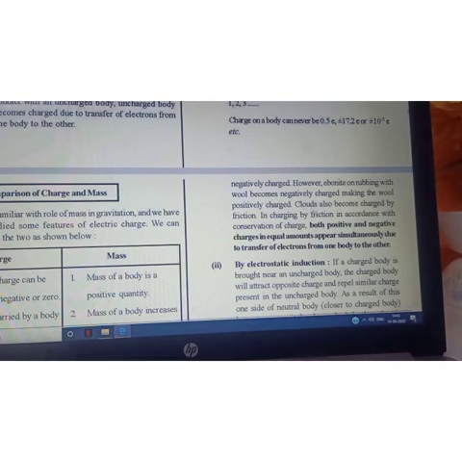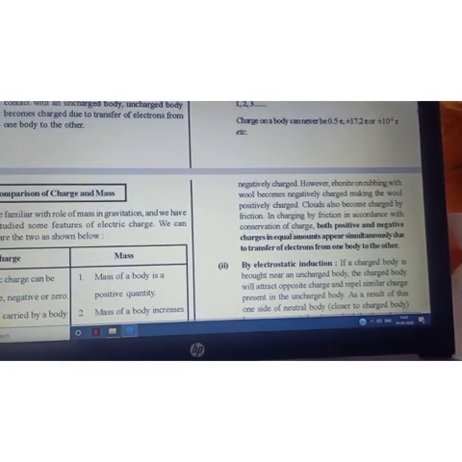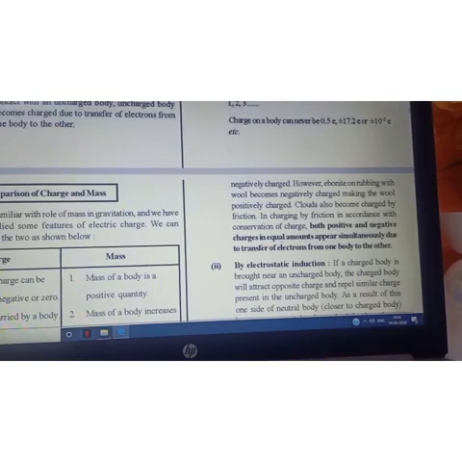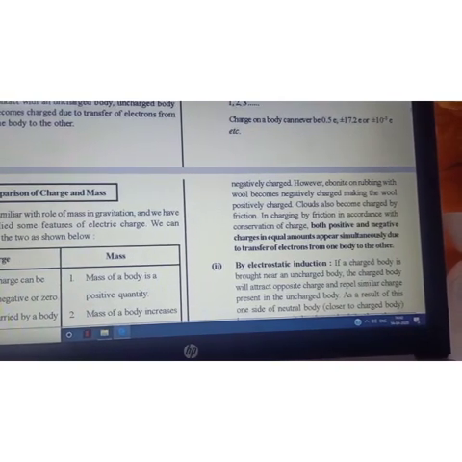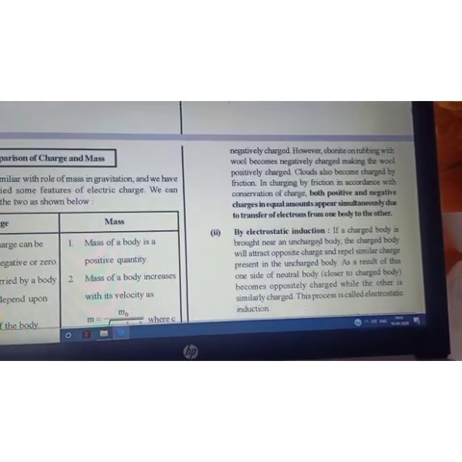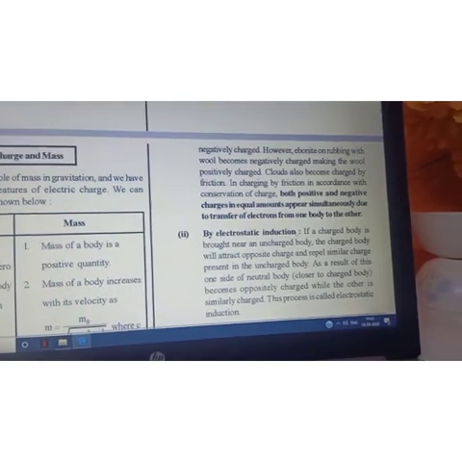For example, clouds also become charged by friction. In charging by friction, in accordance with the conservation of charge, both positive and negative charges in equal amounts appear simultaneously due to the transfer of charges from one body to another.